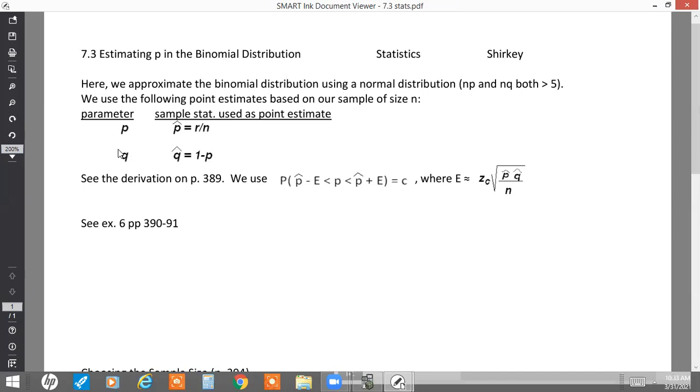The sample statistic that we're going to use, p hat, is our point estimate to estimate p. q hat, 1 minus p hat, we're going to use to estimate q. Let me correct that.